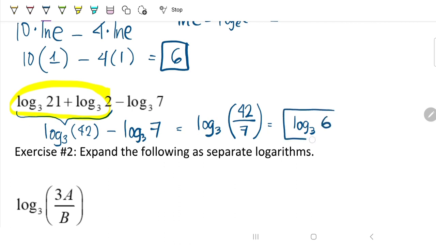So this is our answer. Okay, so if your answer here is 2, you are wrong. Why? Log base 3 of 6 is not equal to 2, because 3 squared is not equal to 6. So that 2 as your final answer is wrong. So let's just leave it as is.